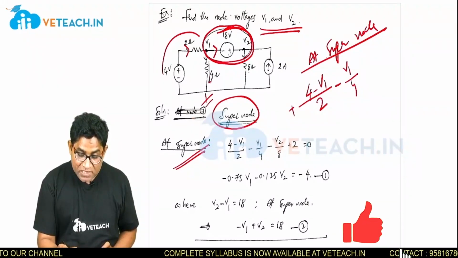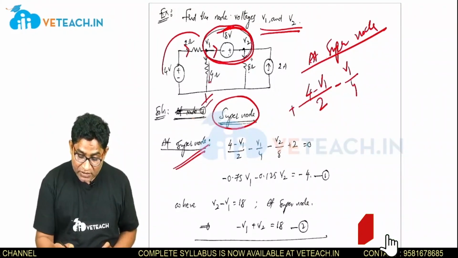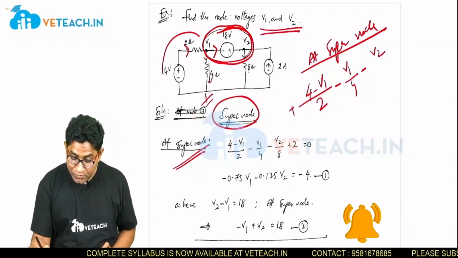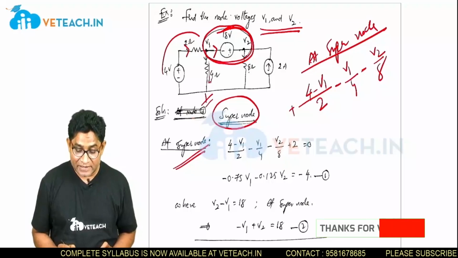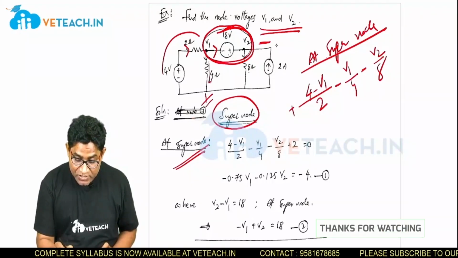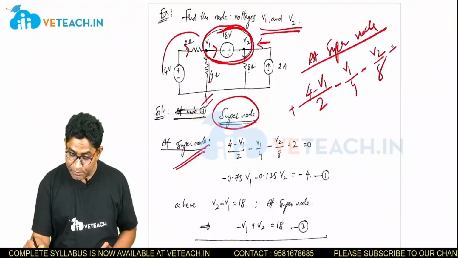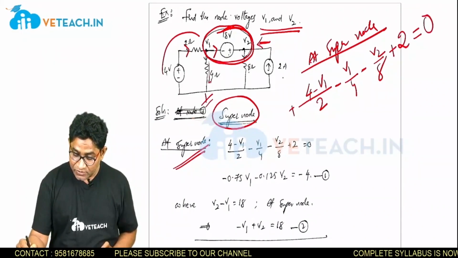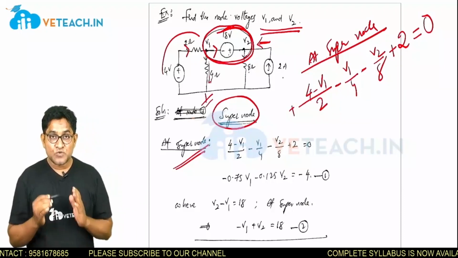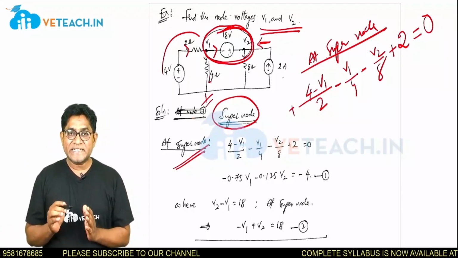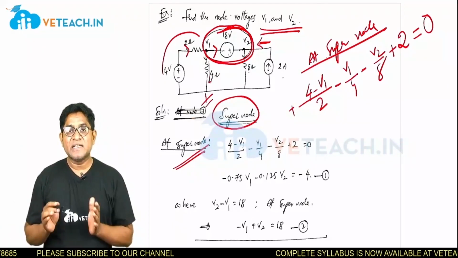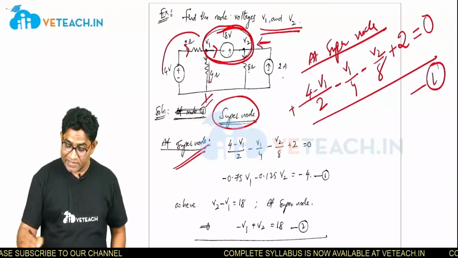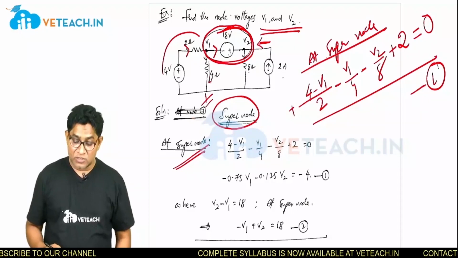Then this 8 ohm is also connected to your super node. What is the current in this 8 ohm? Leaving, so minus V2 by 8. Then this branch current which is entering the node, so it is plus 2 amperes is equal to 0. So at this super node, I have treated it as a node and written the KCL equation at that node. Equation number 1, right? How many unknowns?